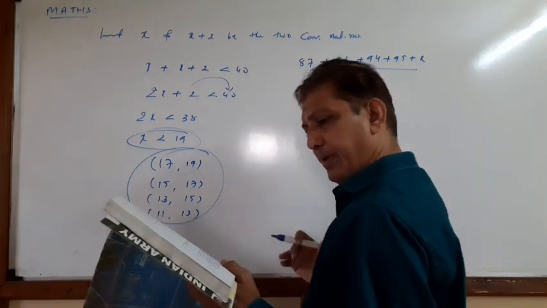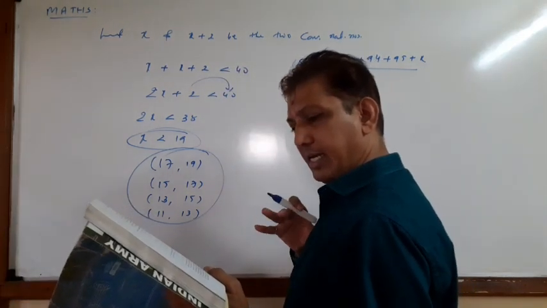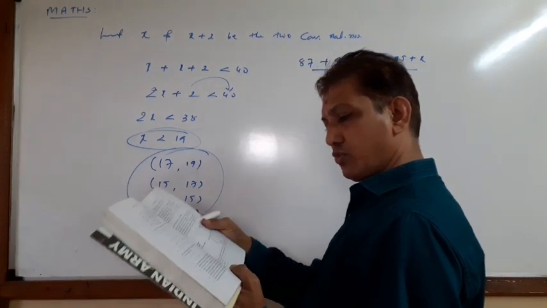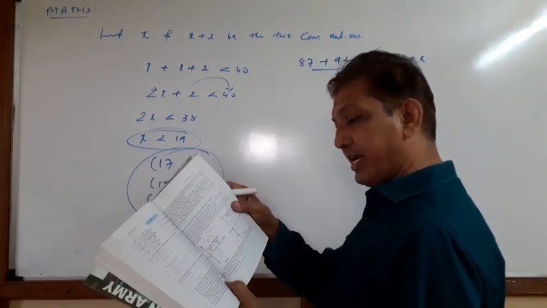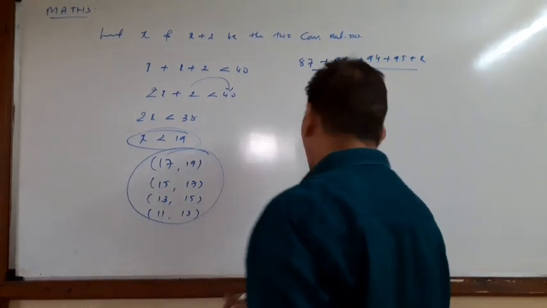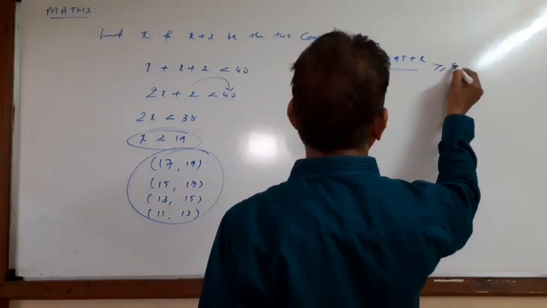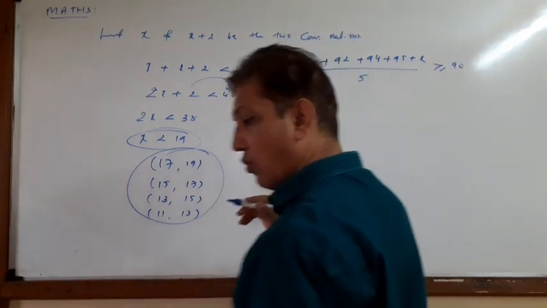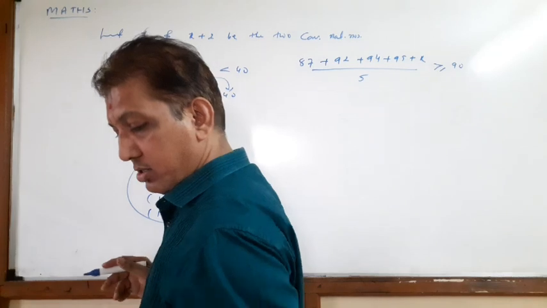But repeat the question: to receive grade A in a course, a student must obtain an average of 90 marks or more. Okay?